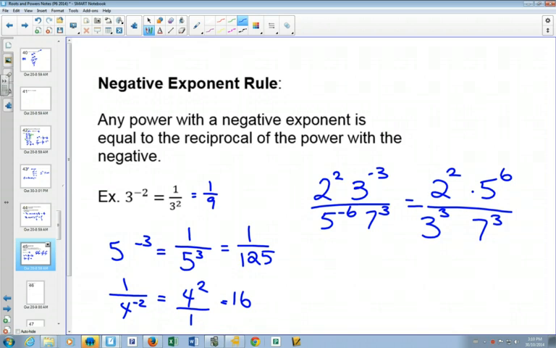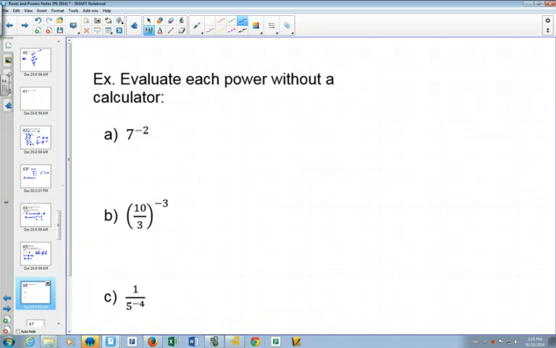Okay? So we can now evaluate these without a calculator. And it practices some of your exponent rules, because your exponent rules for negative exponents are the same as your exponent rules for fractions, which are the same as your exponent rules for positive numbers.